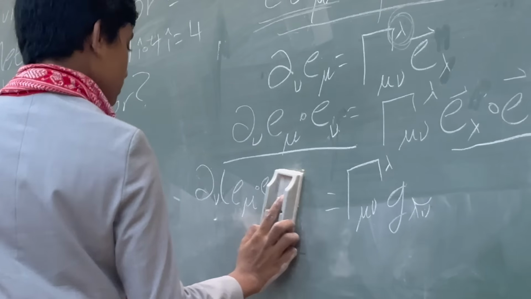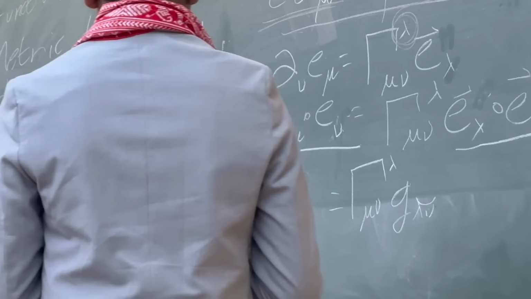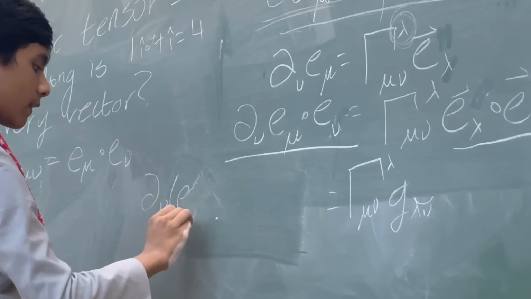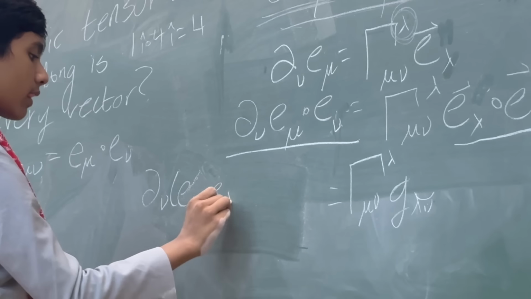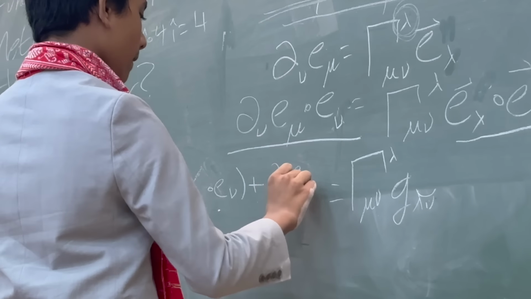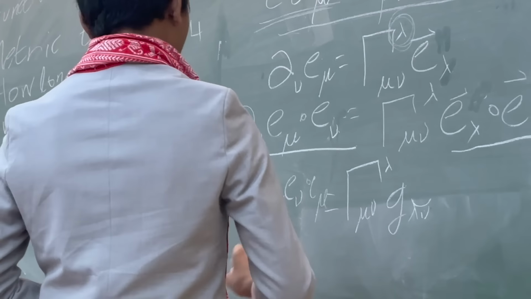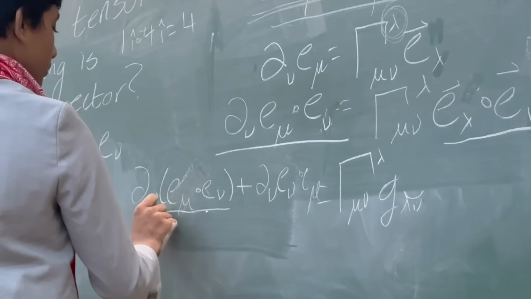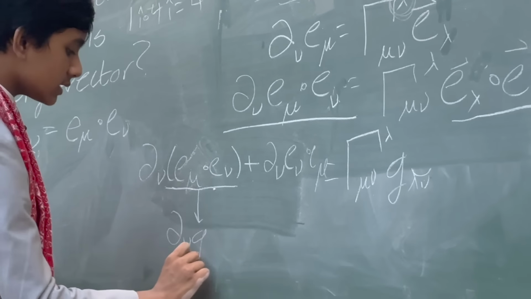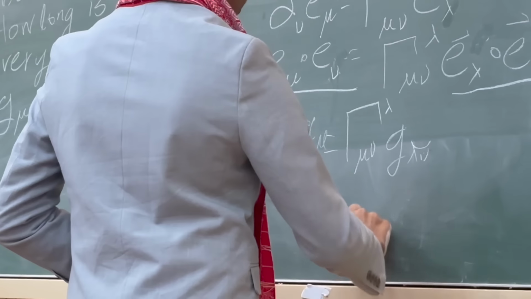Actually, I need some more space. Equal to this, plus, so we can all tell this is just the basis vector in a certain direction.